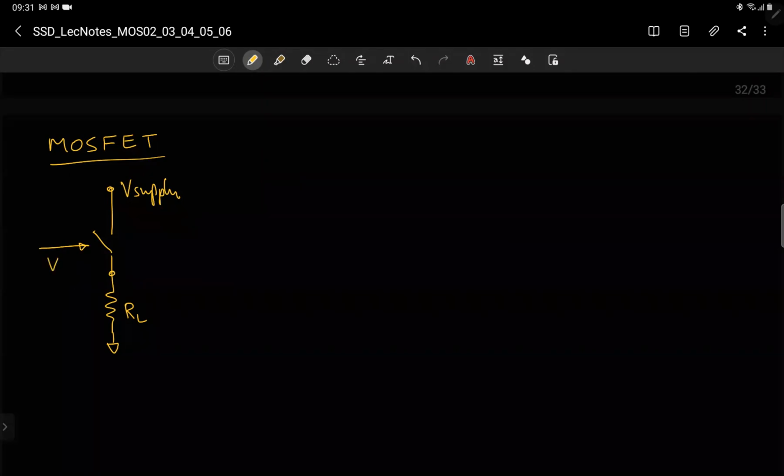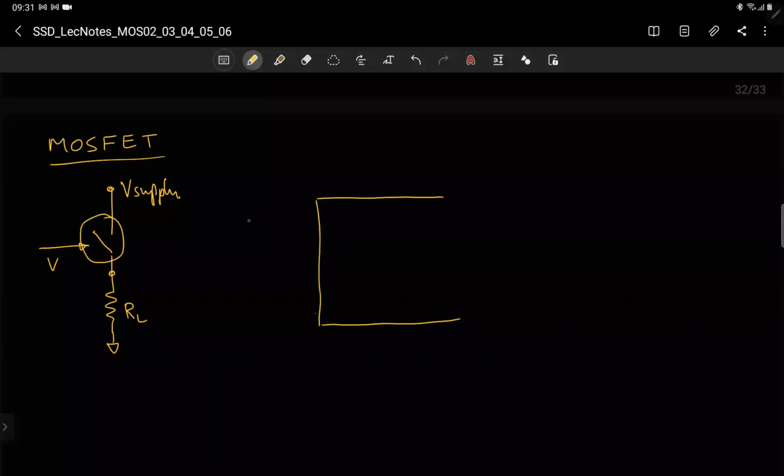This is the kind of device we are talking about as a transistor switch, and how we can make a switch out of what we have discussed so far, out of a MOS cap. So let us see how we can make a switch.